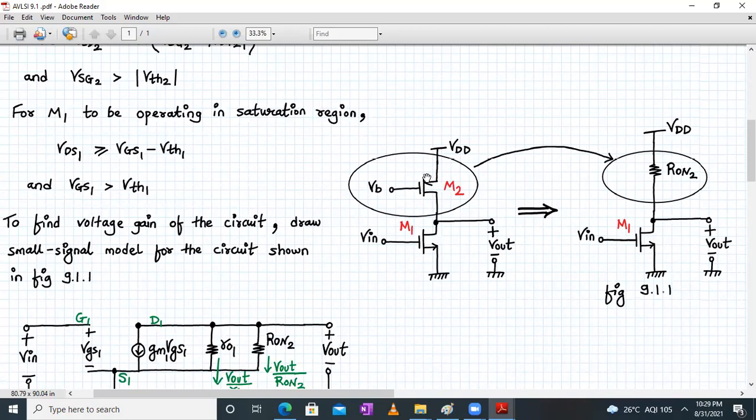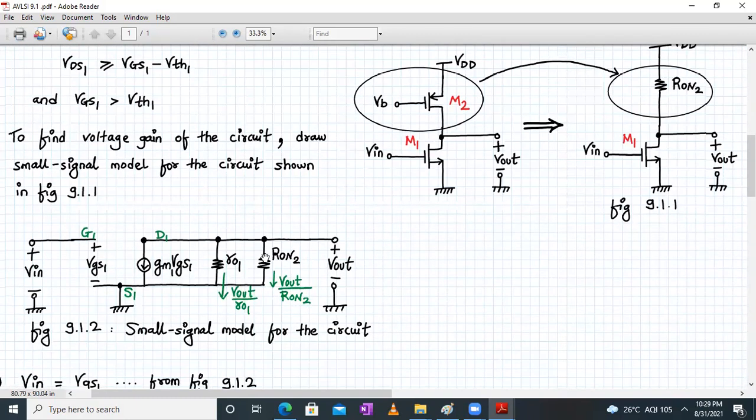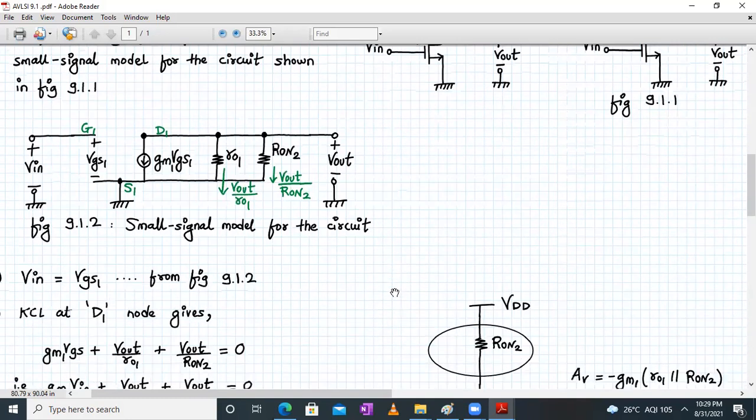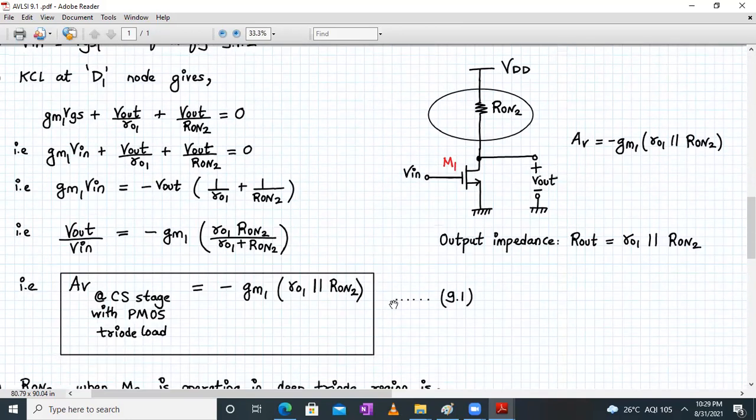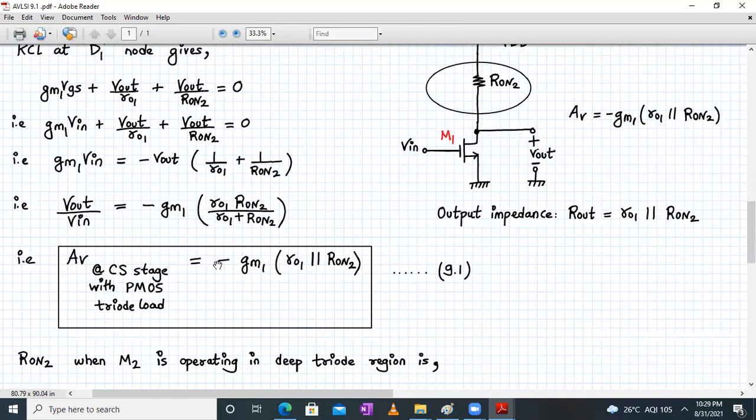We replaced the M2 transistor, which is working in the deep triode region, with a resistor, the on-state resistance. We have put this value in the small signal model. And finally, we derived the relation between the Vout and Vin terms. So finally, the small signal voltage gain was given by minus gm1 into ro1 parallel to Ron2.